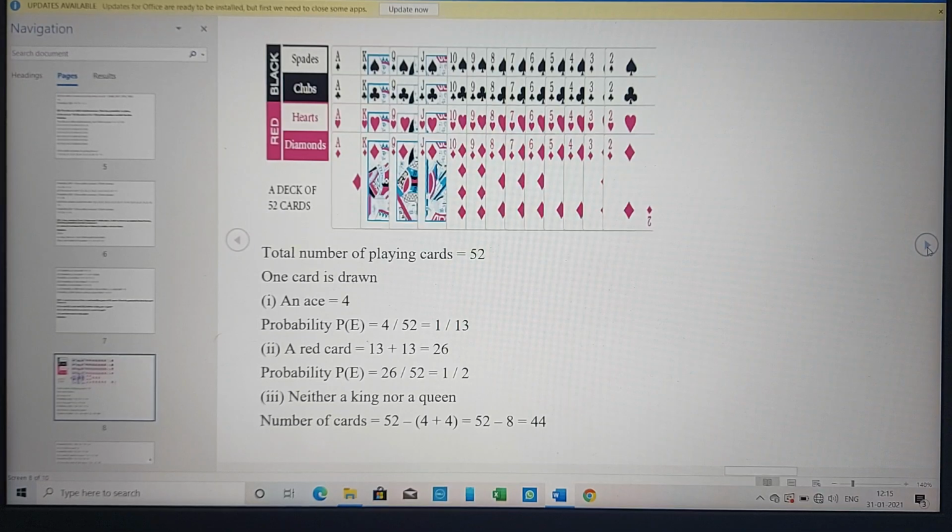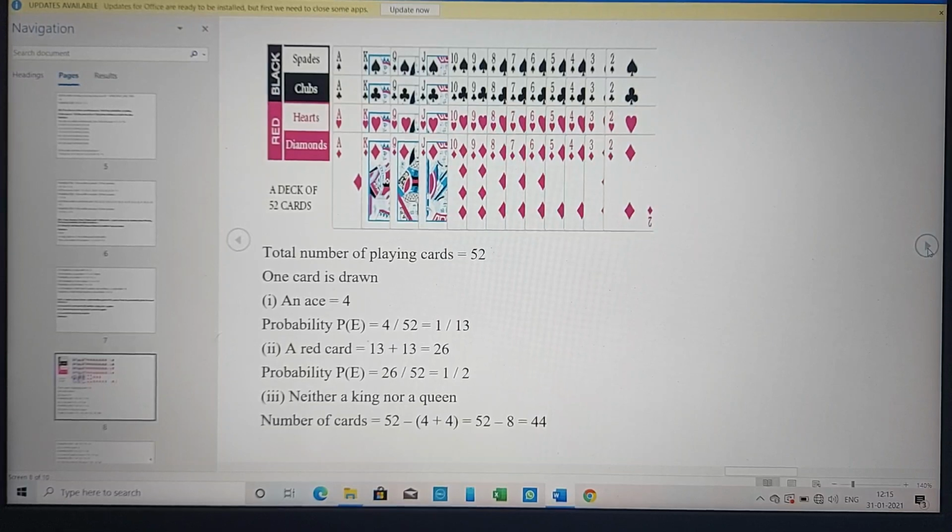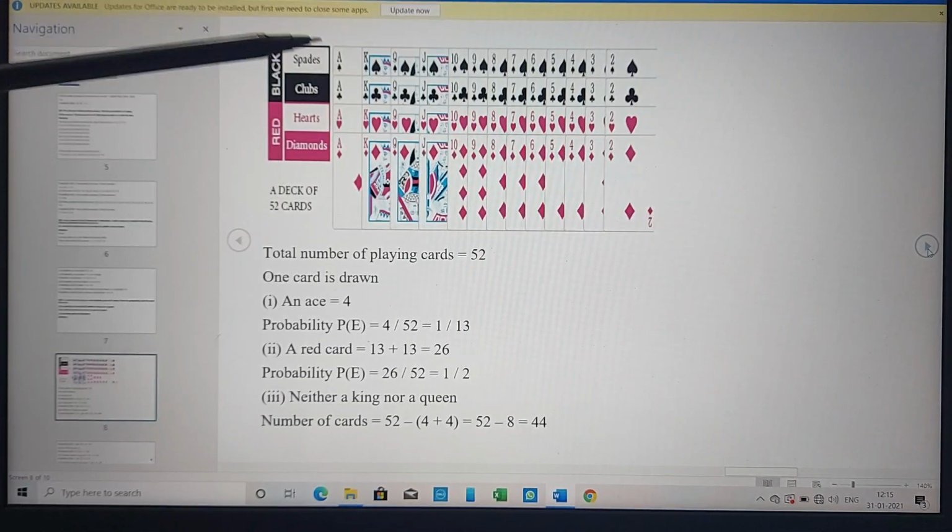Okay. Now, what is the sequence, or we can say how many types of cards are there in each category? We start with ace. Ace is the highest or the greatest card, we can say.